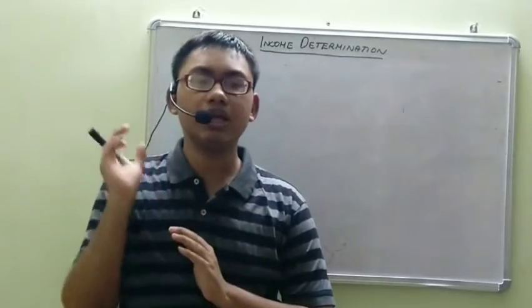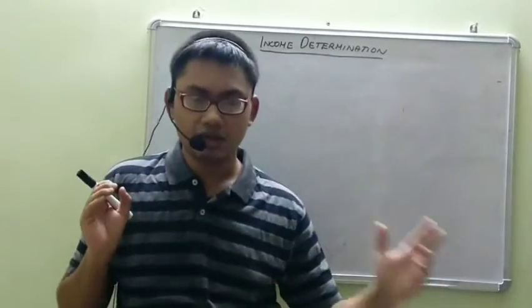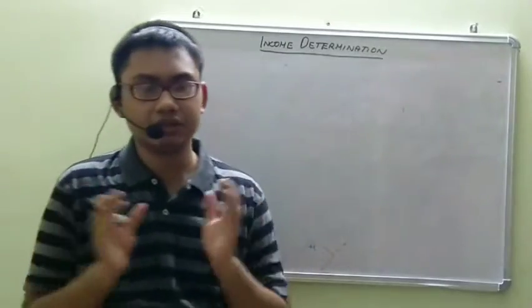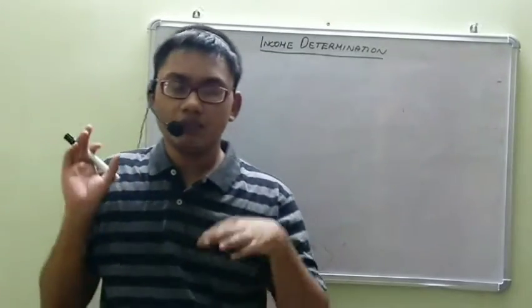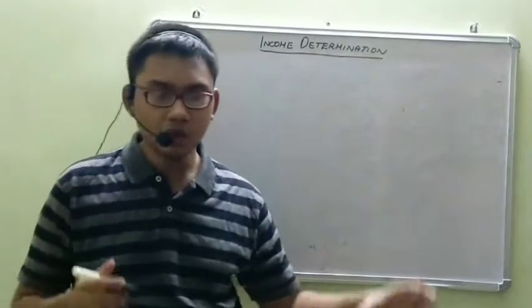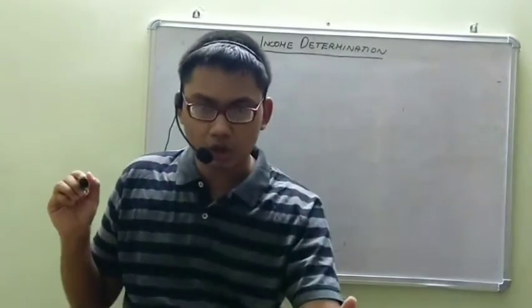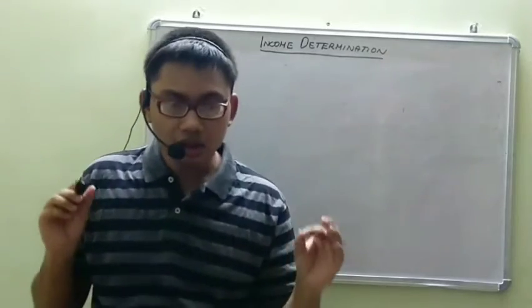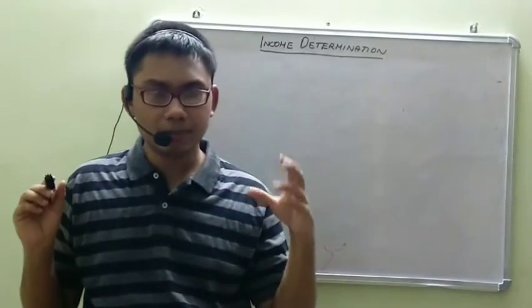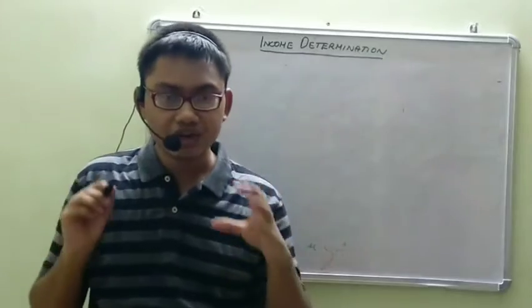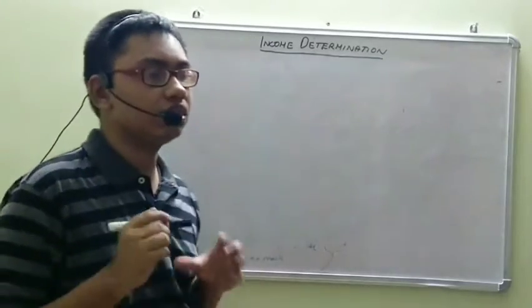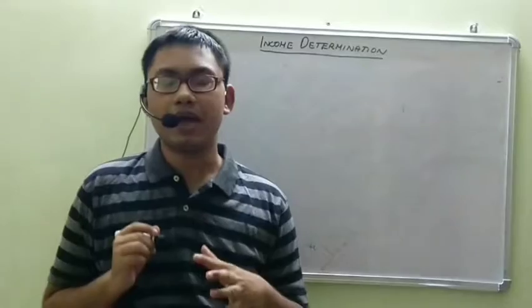We generally say microeconomics is price theory, and macroeconomics is the theory of income and employment. Why? Because in micro, demand, supply, everything is related to the price of the commodity, right? Here we are relating demand, supply, everything to the national income. So this is why it is called the theory of income and employment.